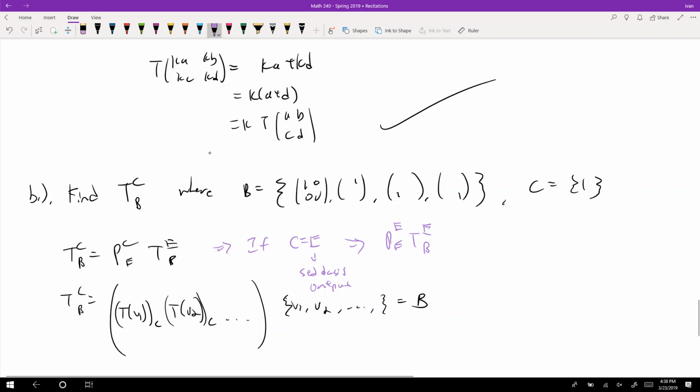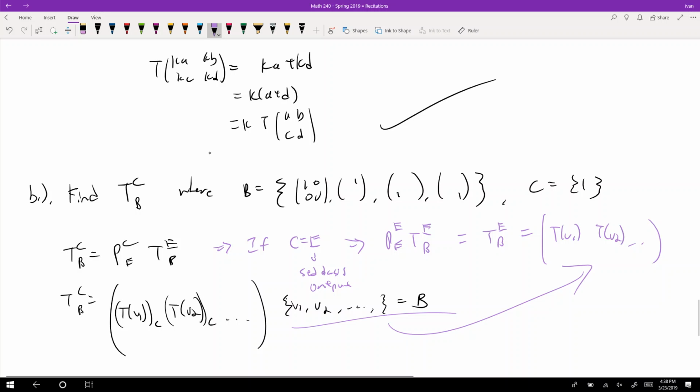But what is P_EE? It's the identity matrix, right? So that's just equal to T_BE, which is just equal to T of V1, T of V2, etc., without needing to change coordinates. And the same thing, V1, V2 are the basis B.